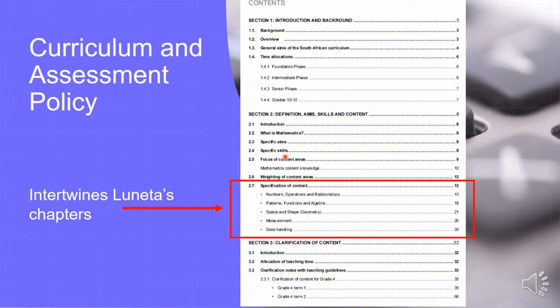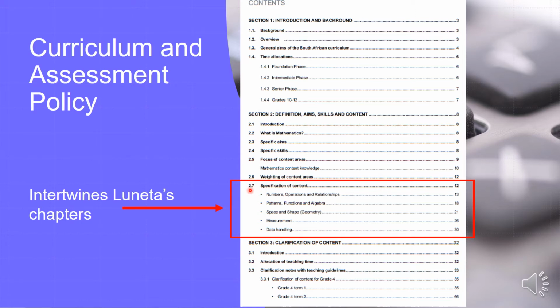They won't do that to you again, but they would really practice this a lot, because they want you to have the foundation of what the South African CAPS expect you to, what aims, skills, and attitude they expect you to uphold.